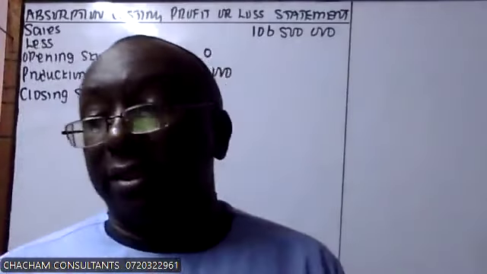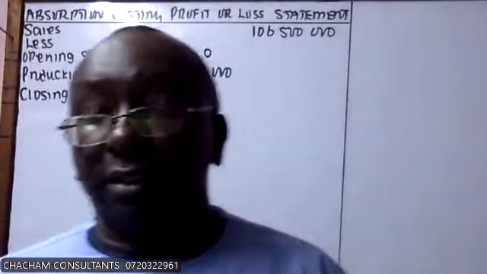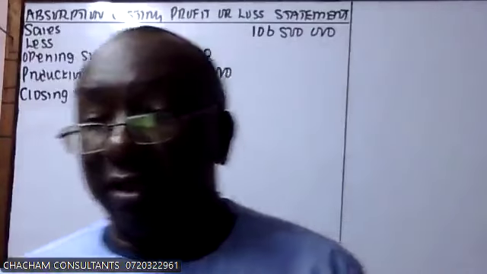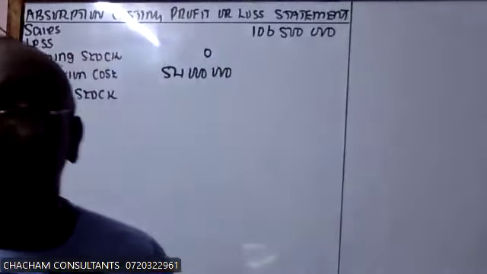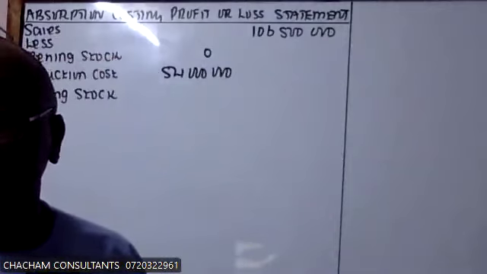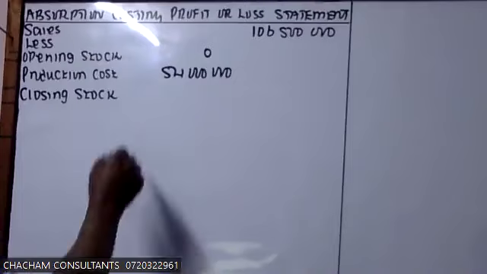You multiply by 2250. 2250 times 2,700 is $60.75.